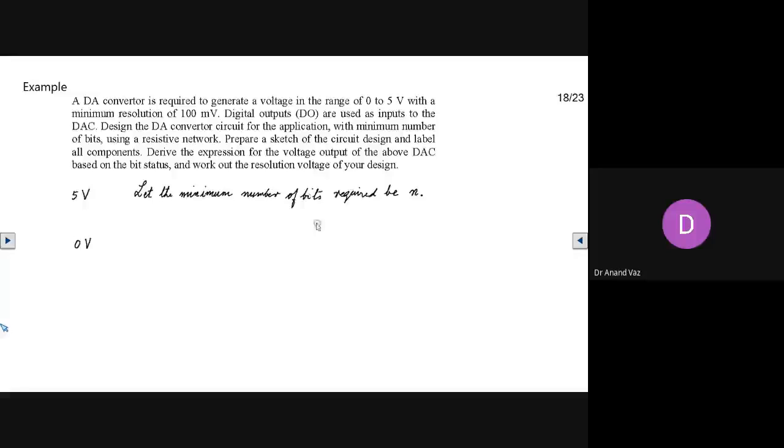Let the minimum number of bits required be n. And we have the range here. So let us see what number is going to be accommodated within this n.